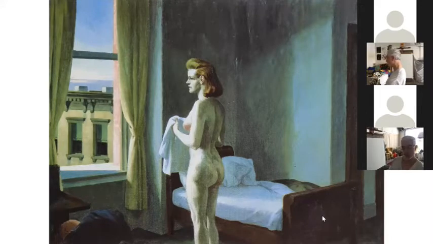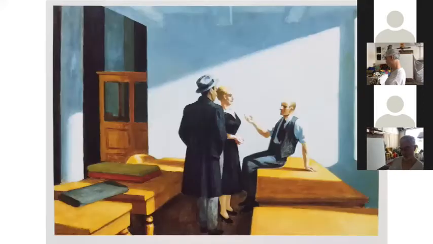Another Edward Hopper, the bed, the angles here, the angles of the structure of the window. Another Hopper.